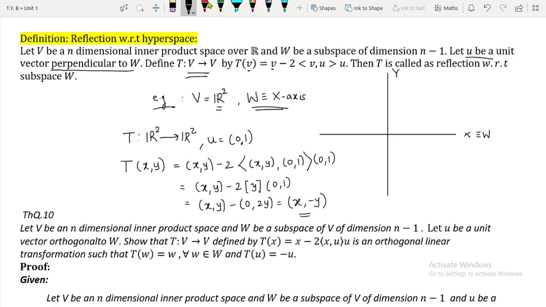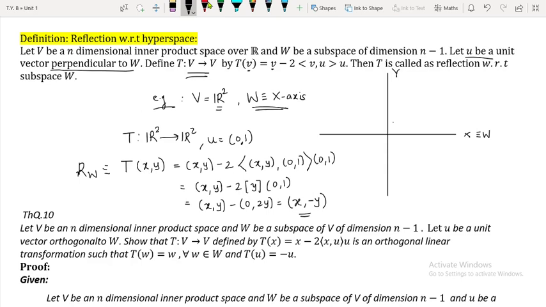So this is our map and this is our reflection map in fact. Sometimes it is also denoted by R_W. R stands for reflection and W is with respect to subspace W. So this is a reflection map with respect to which subspace W. Now what is the meaning of it?